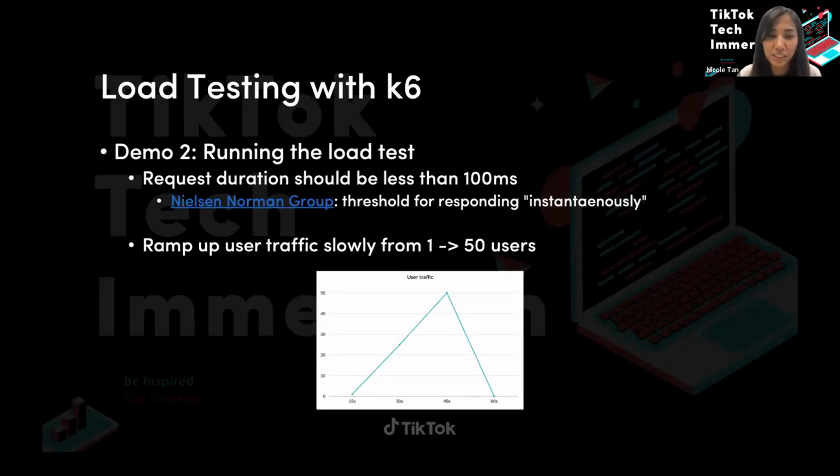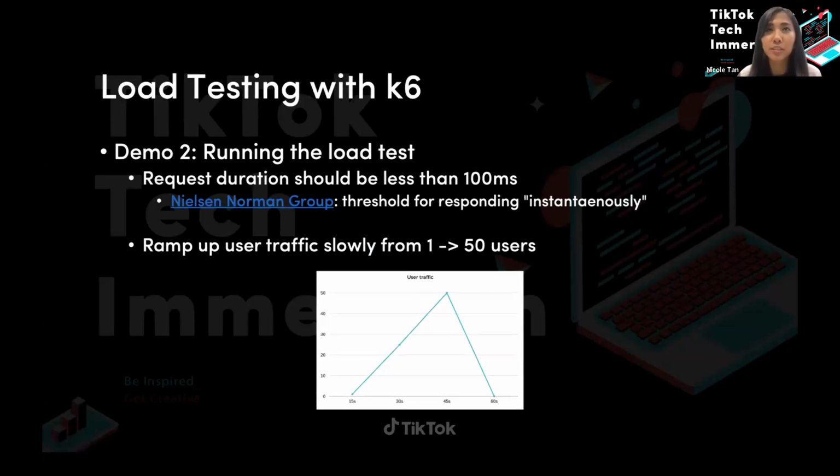It's not a magic number. There's the Nielsen Norman Group, which is basically a UX consultant group. You can check the links, I think, in the course materials. But 100 ms is the threshold for responding instantaneously.